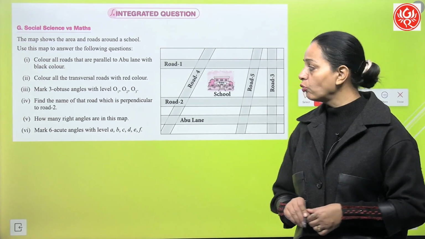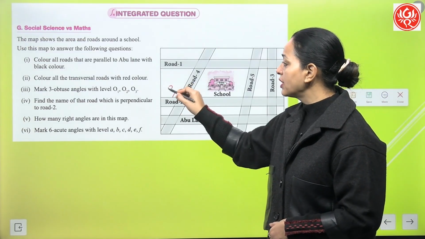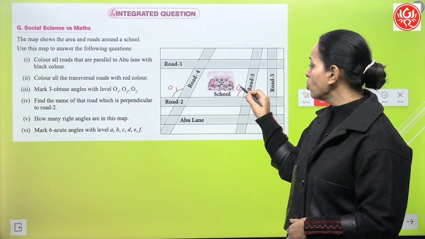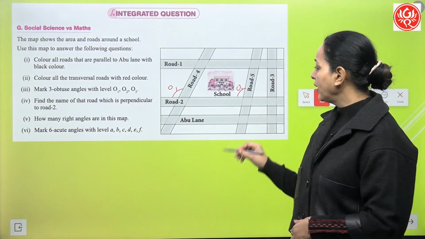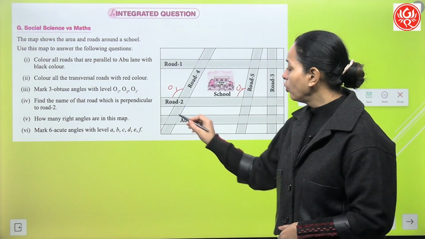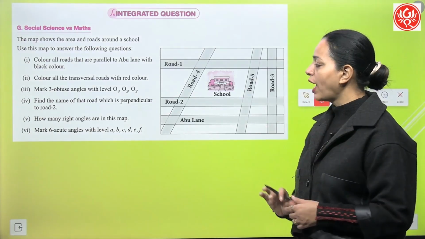So just find out 3 angles like this one, obtuse angles. So this is, let it be O1, okay. Now this is O2, okay, and then the other one O3, you can find this one, right? So mark any 3 obtuse angles.